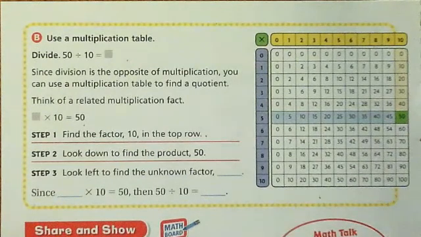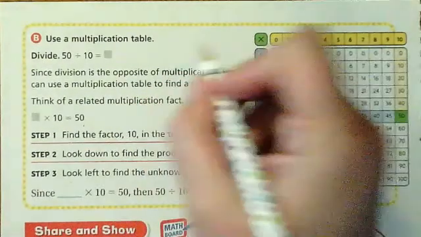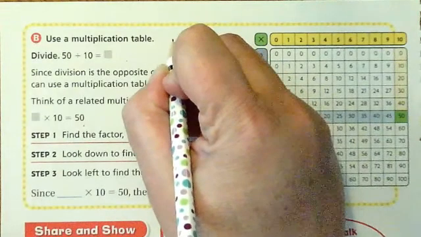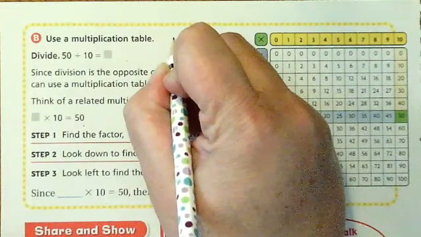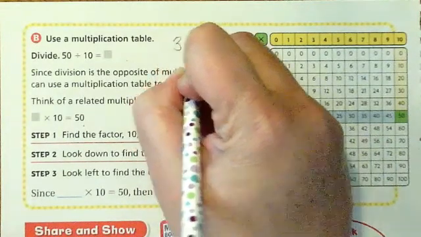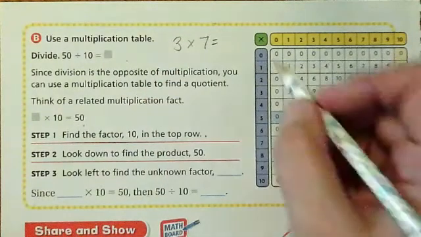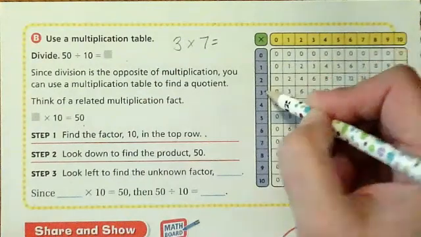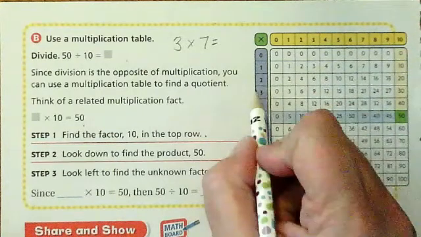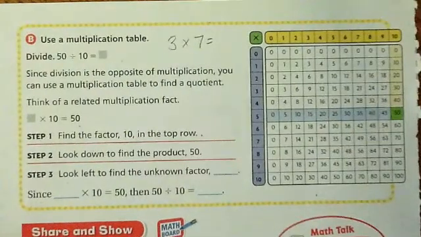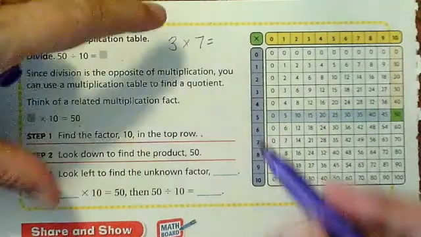If I'm using this multiplication chart to multiply, let's say I had the multiplication problem 3 times 7. Well, if I was doing 3 times 7, I would come down 3 and I would highlight this row.